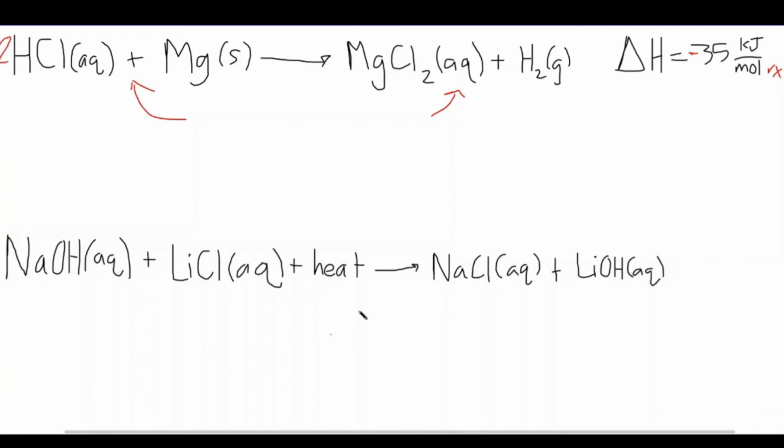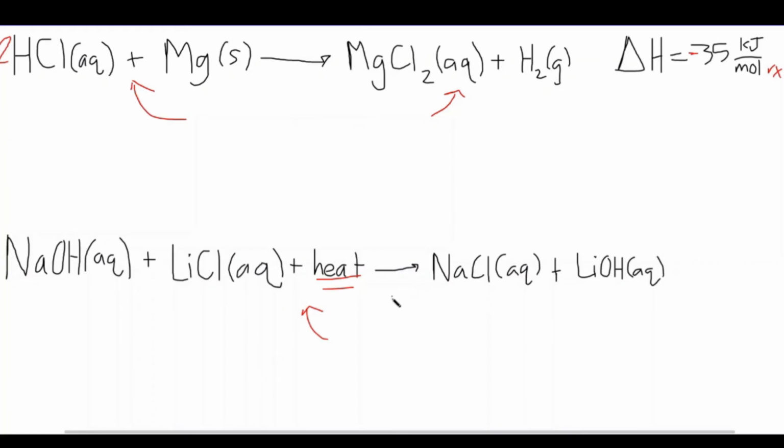Now, in other cases, we may also see that the delta H value is not given to us, and instead, heat will be described in the equation. In this case, we can see heat is a reactant, meaning it is endothermic, because, as we know from before, if heat is being taken in as a reactant, it has to be an endothermic reaction.